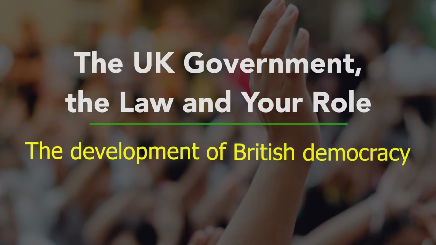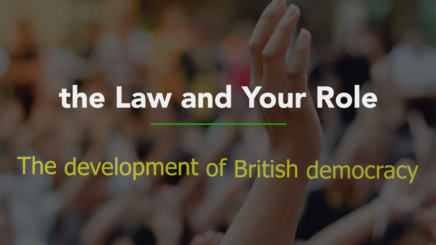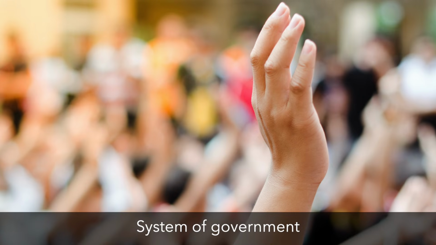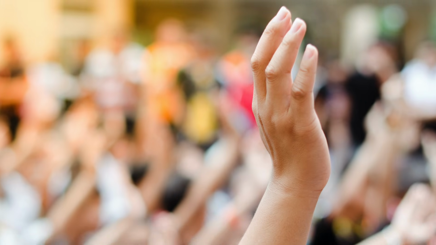The development of British democracy. Democracy is a system of government where the whole adult population gets a say. This might be from direct voting or by choosing representatives to make decisions on their behalf.